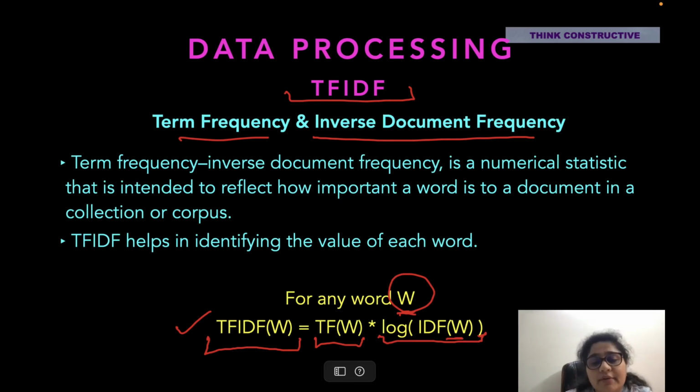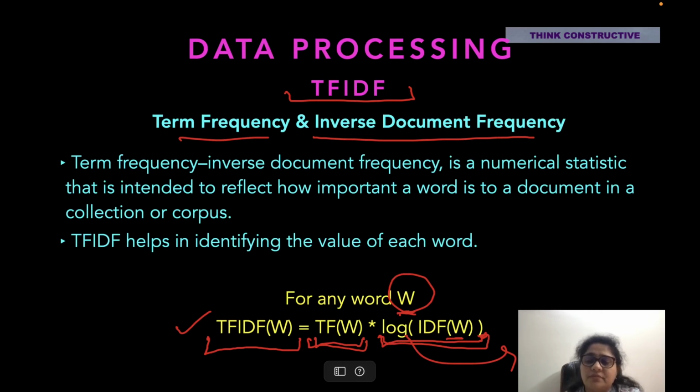How will TFIDF be calculated? It is always calculated for each and every word. So it is term frequency for that word multiplied by log of inverse document frequency for that word, and log is generally taken as log base 10.